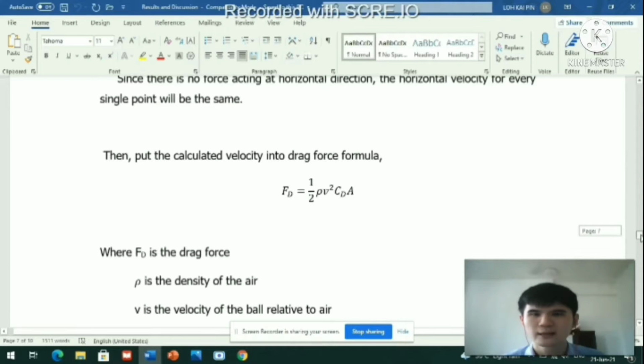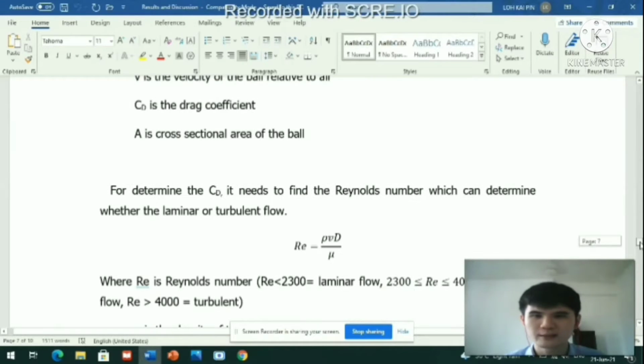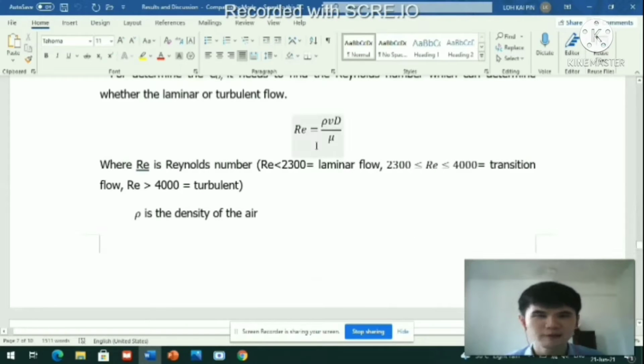For the drag force formula, since we have the v, the important thing is to determine the CD, the drag coefficient. For the drag coefficient, we need to find the Reynolds number, because the Reynolds number determines laminar or turbulent flow. So there is a Reynolds number formula.